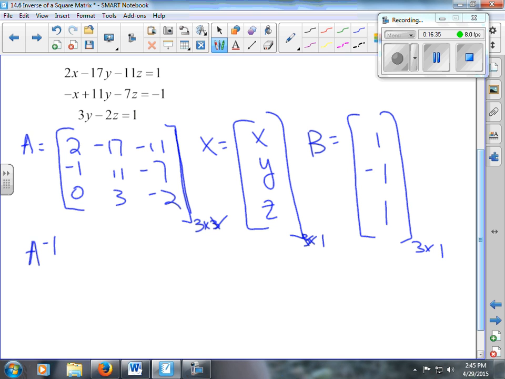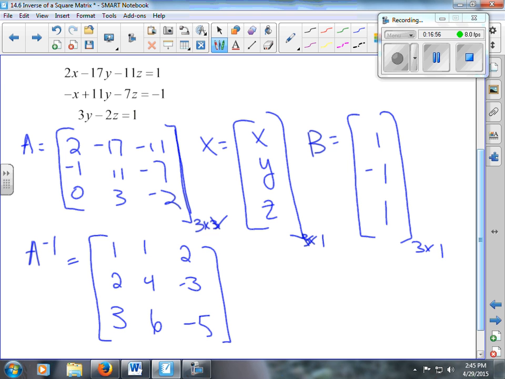Well, I believe this was the very first example question. And if you look back at the notes there, which we already did, the inverse matrix was 1, 2, 3, 1, 4, 6, 2, negative 3, negative 5. And so that's my inverse matrix.